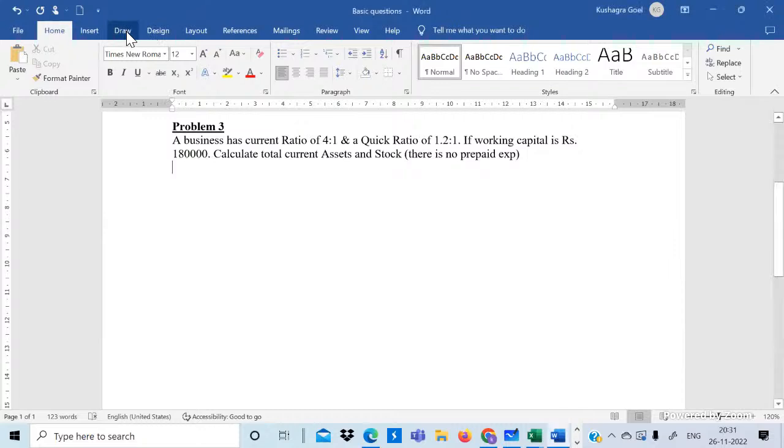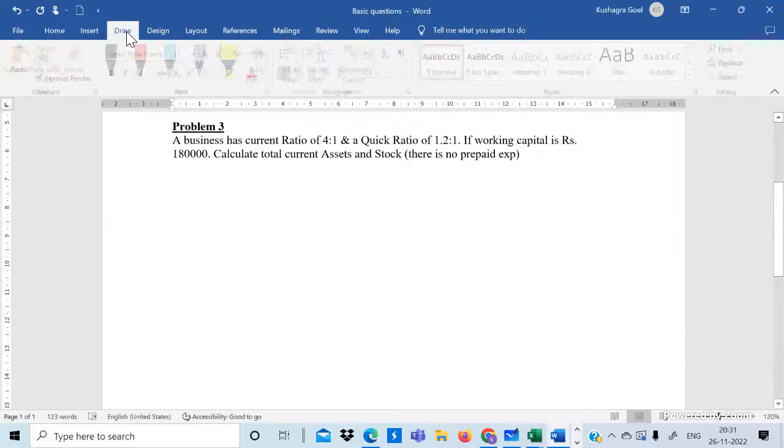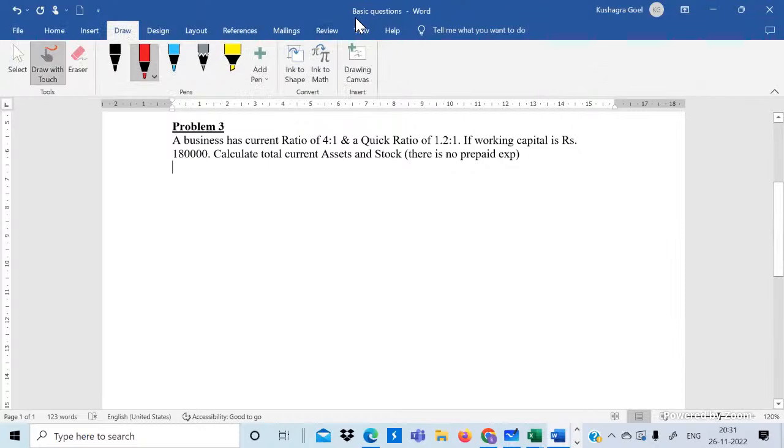Now, what is working capital? Can anyone tell me what working capital is? Anyone from the batch? No, working capital is not operational expense. Inventory is a part of working capital, but it's not working capital.